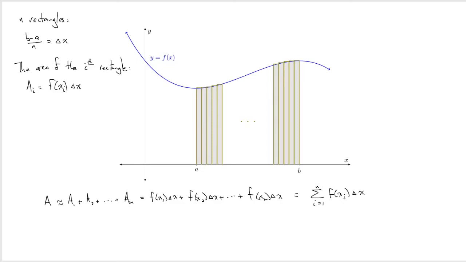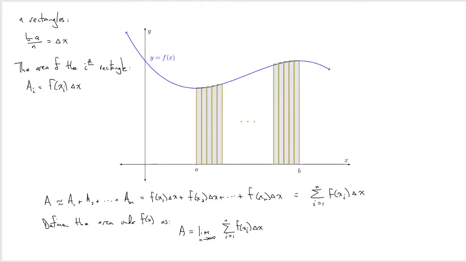Okay, here's the punchline. We've seen that the more rectangles you use, meaning the larger you let n become, the better the approximation is. And so it makes sense to define the exact area under the curve to be the limit as n goes to infinity.